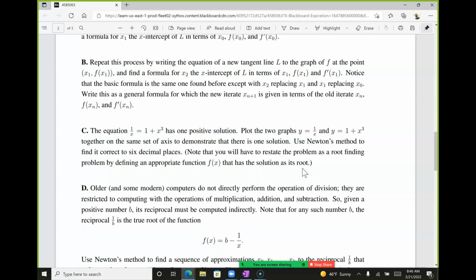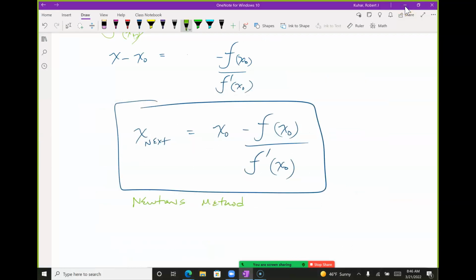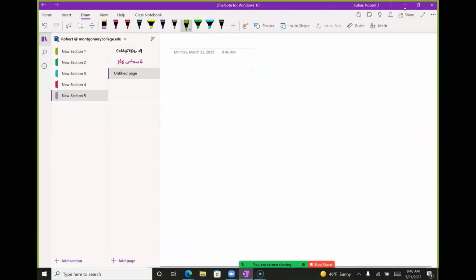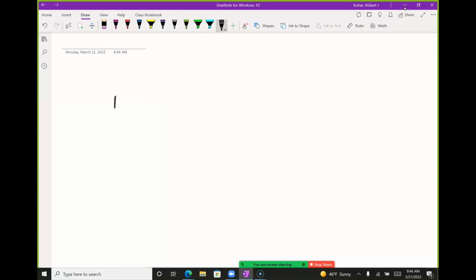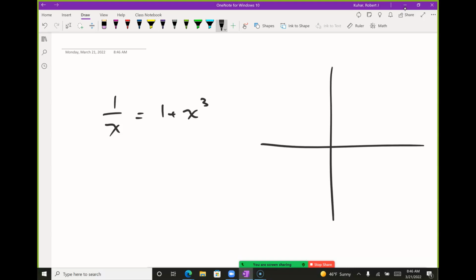Here's my equation: 1 over x equals 1 plus x cubed has one positive solution. I know how to graph this. 1 over x looks like this, and 1 plus x cubed looks like this.